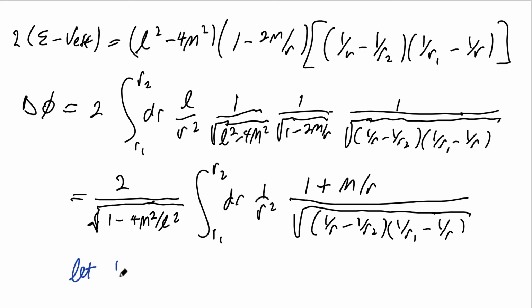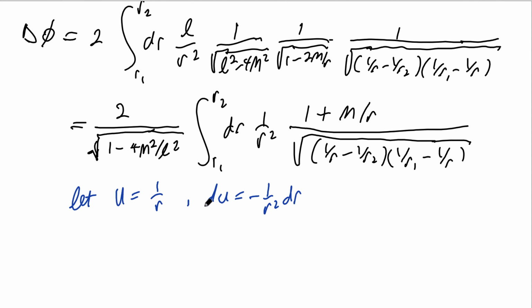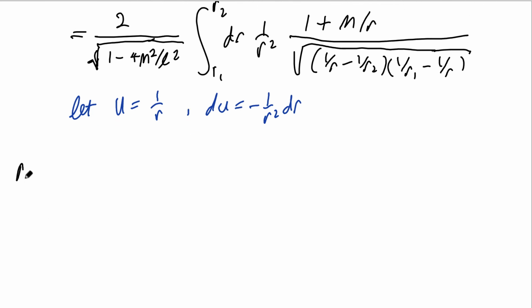So let u equal 1 over r, then du is equal to minus 1 over r squared dr. And our expression for the change in angle becomes delta phi equals 2 divided by the square root of 1 minus 4m squared over L squared.